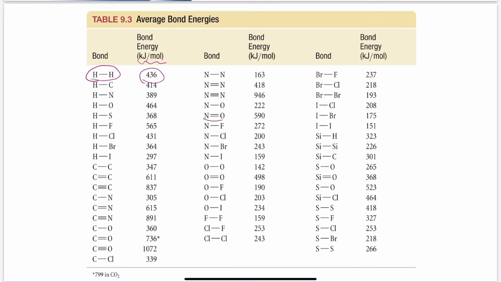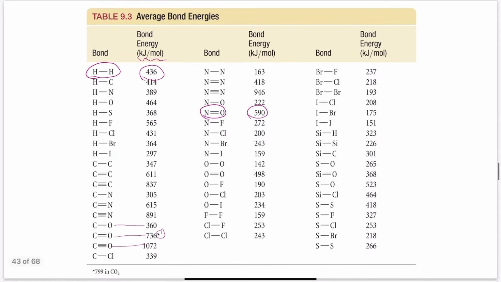If I have a nitrogen-oxygen double bond, it's 590 kilojoules per mole of nitrogen-oxygen double bonds. So you do have to pay attention, because a carbon-oxygen single bond versus double bond versus triple bond have different values. This has a star here because it's really small. There it is. I have to move the screen slightly so I can see a little better.